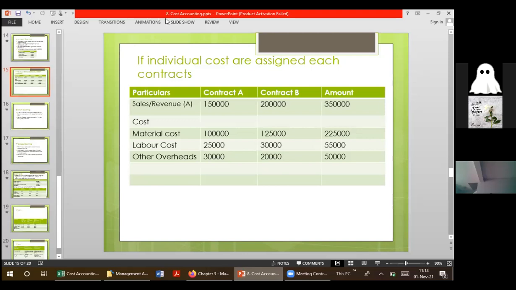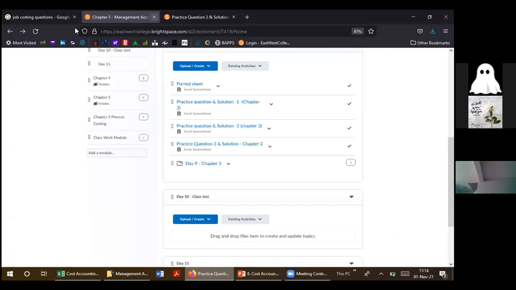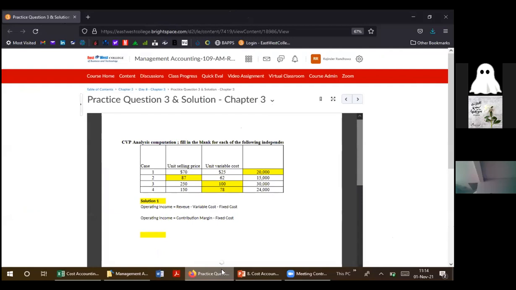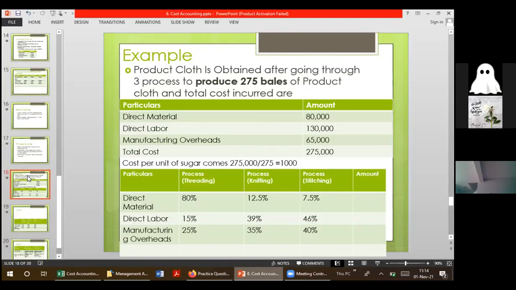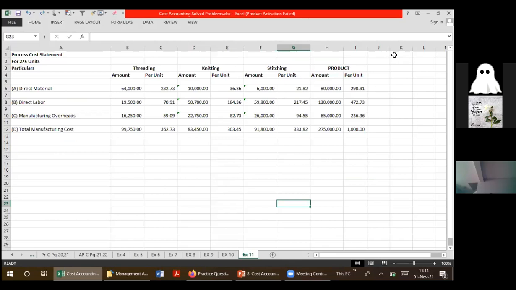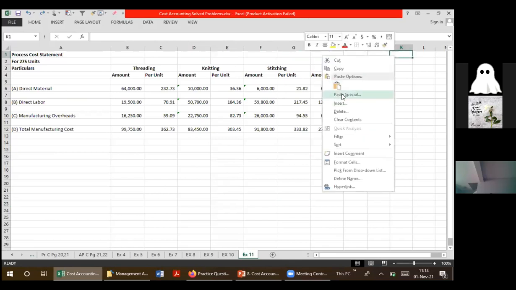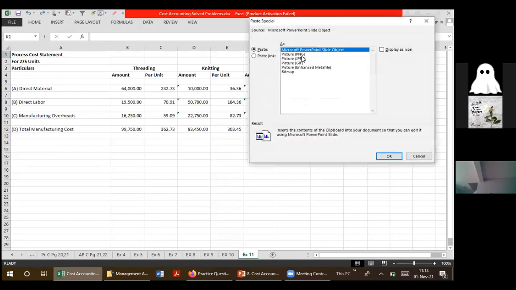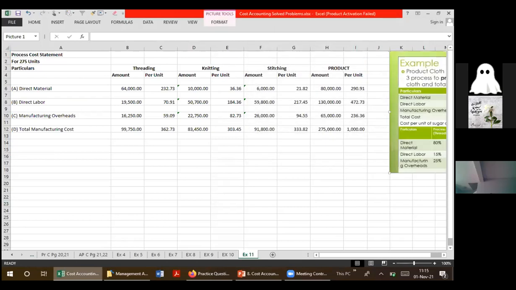So I'll just wrap up by doing your attendance now. I have to paste the question there. So this is our question, the cost sheet.